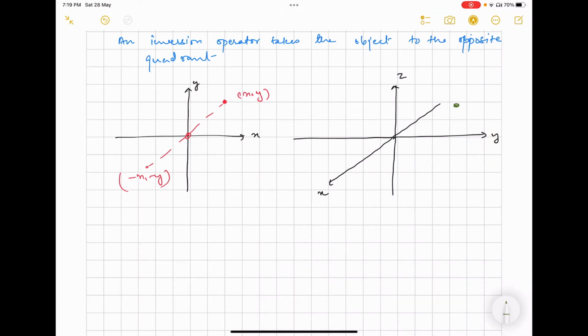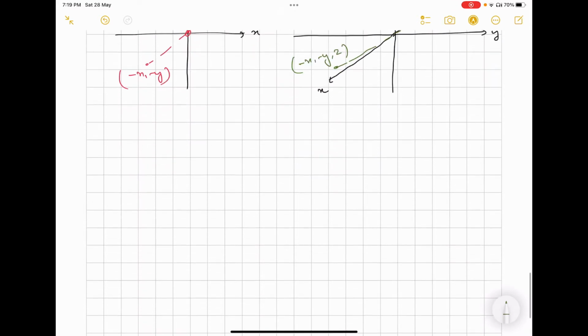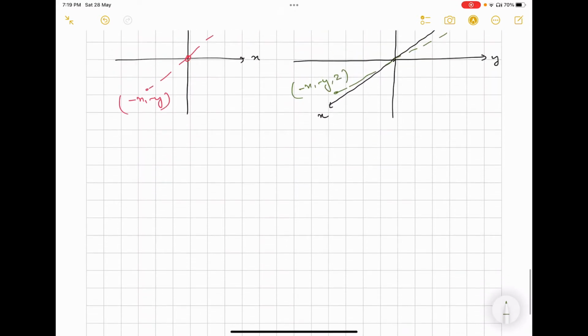Suppose you have an object here in this quadrant, this is x, comma, y, comma, z. After inversion, it goes behind into the opposite octant, that becomes minus x, minus y, minus z. Usually these are represented over circles in crystallography. So if you draw a circle and you have these axes with this as the center.